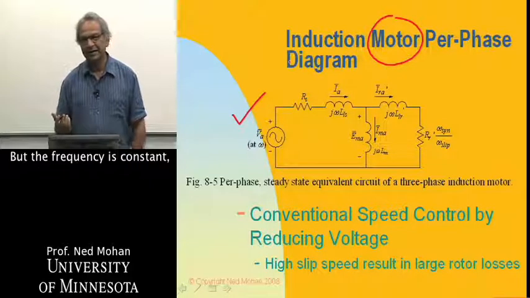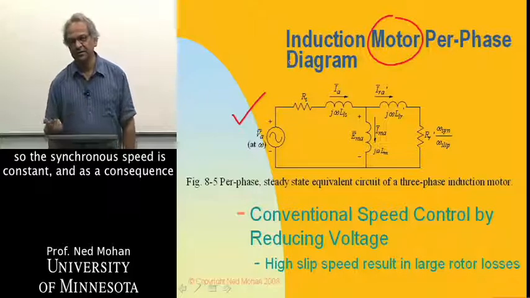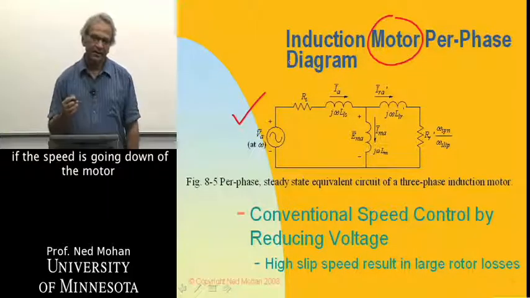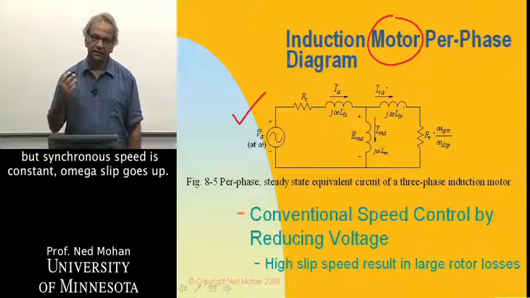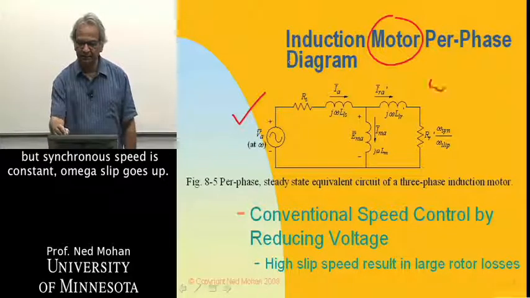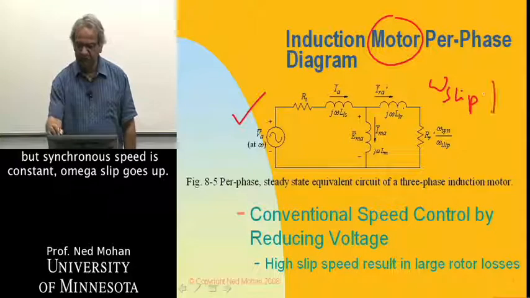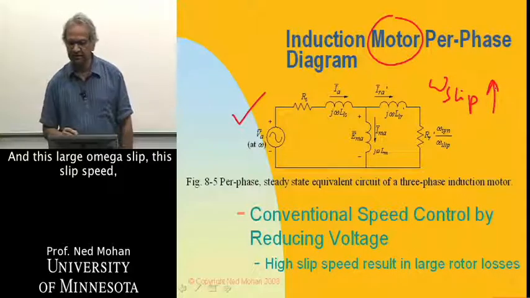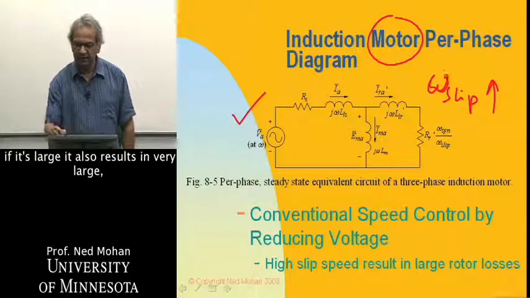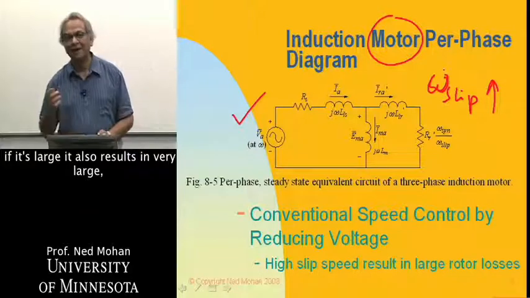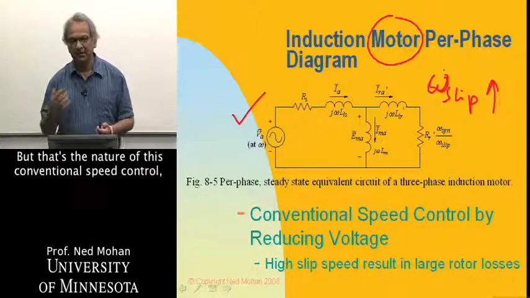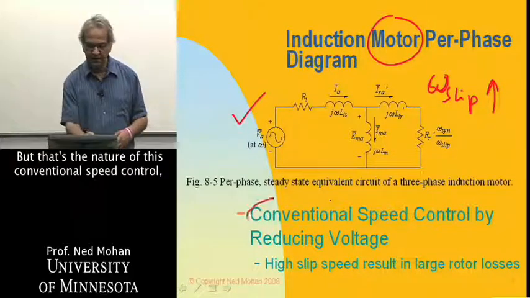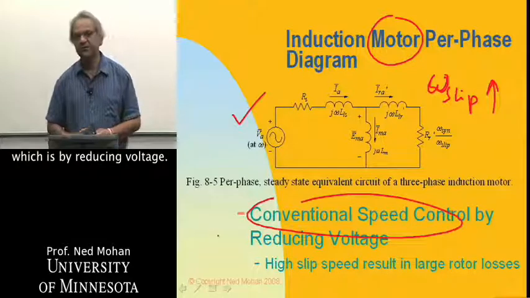But the frequency is constant, so the synchronous speed is constant, and as a consequence, if the speed of the motor is going down but the synchronous speed is constant, omega slip goes up. And this large omega slip, the slip speed, also results in very large, I would say unacceptably high, losses in the rotor circuit. But that's the nature of this conventional speed control, which is by reducing voltage.